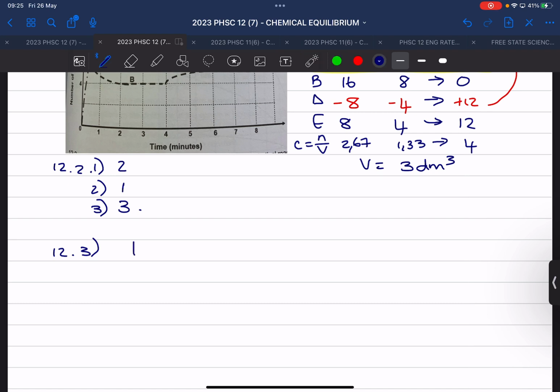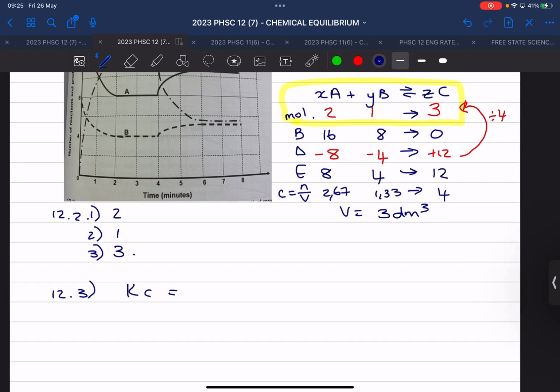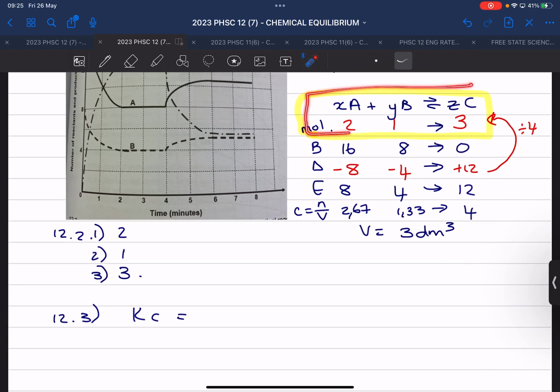Right, what will our equilibrium constant equation look like? Look at your equation there, your reaction. It will be what?